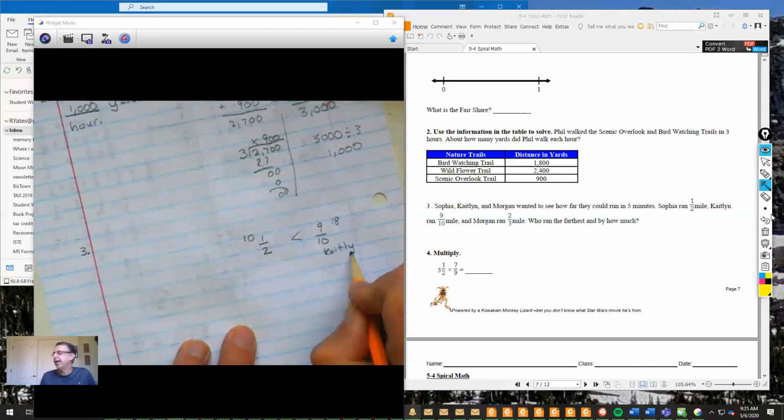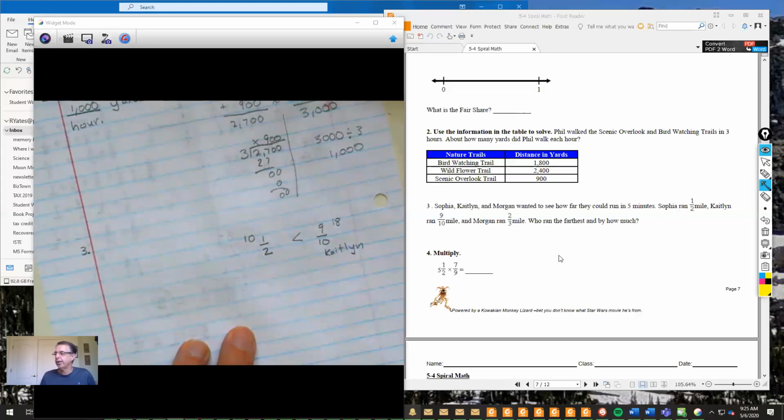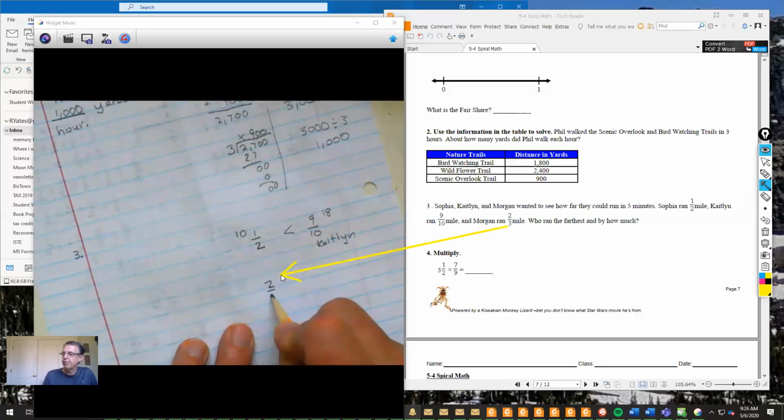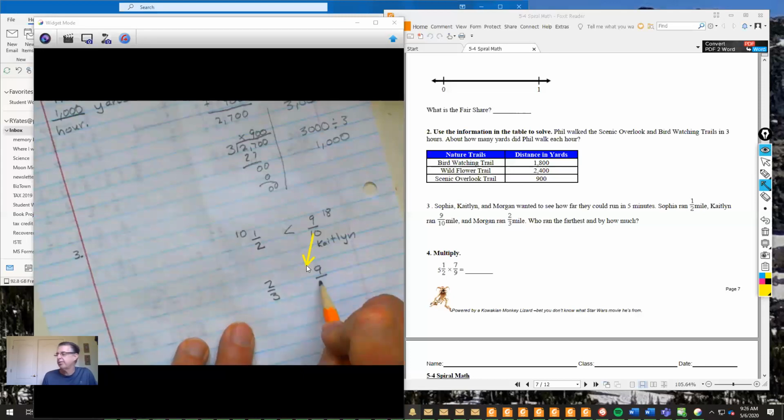But let me go ahead and check Morgan's just to make sure. So I'm going to put Morgan's right over here and compare it to Caitlin. So here's Morgan's 2/3 of a mile. I want to compare it to Caitlin's just to make sure that it is the biggest. So I'm going to write it here and compare them by cross multiplying. I'll take 3 times 9 and get 27 over here.